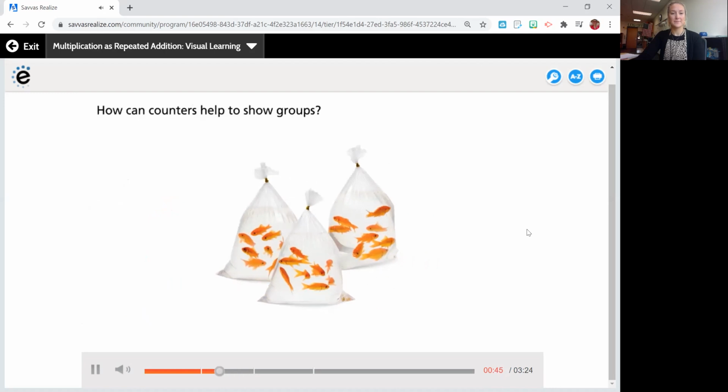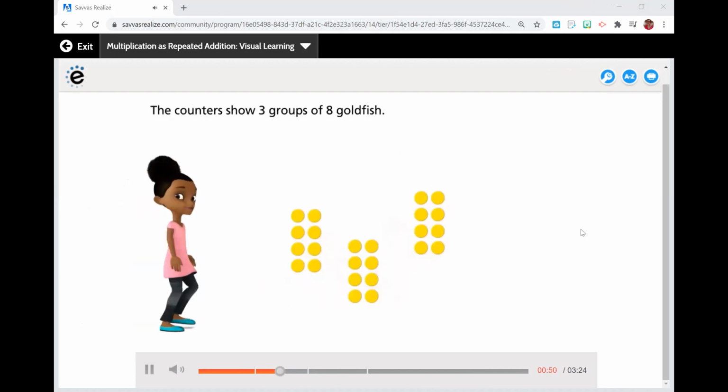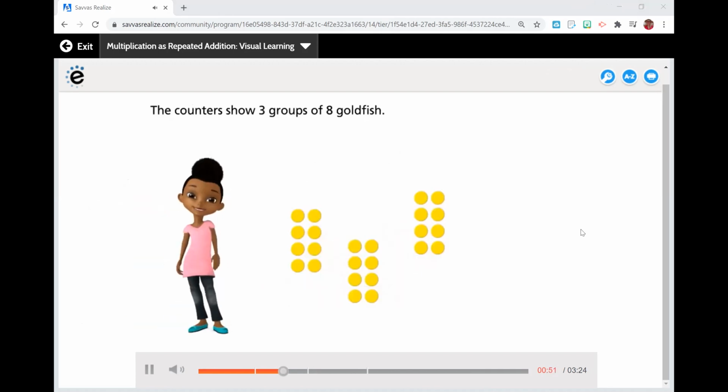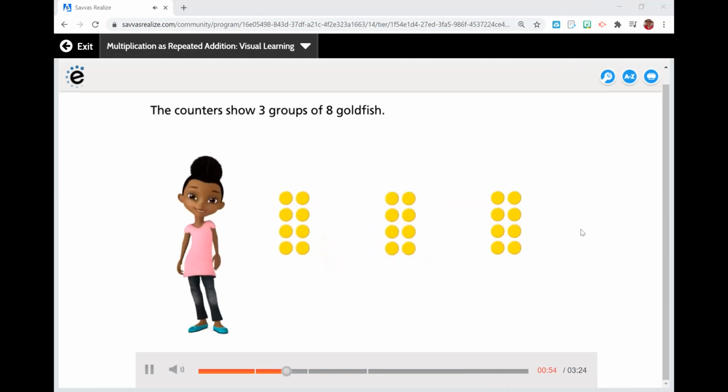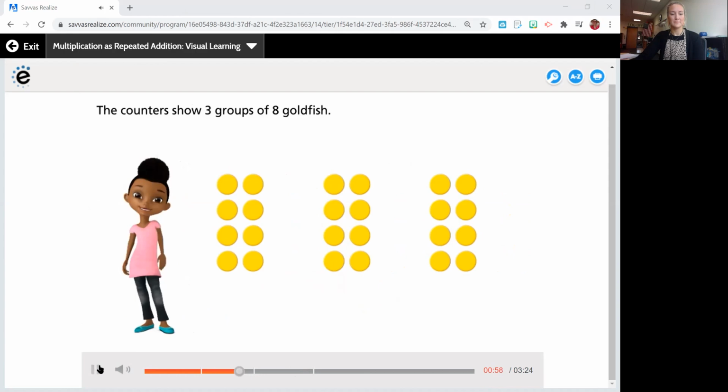How can counters help to show groups? The counters show 3 groups of 8 goldfish. I can use counters to show the groups. In my class, we use 2 different ways to write our equal groups.